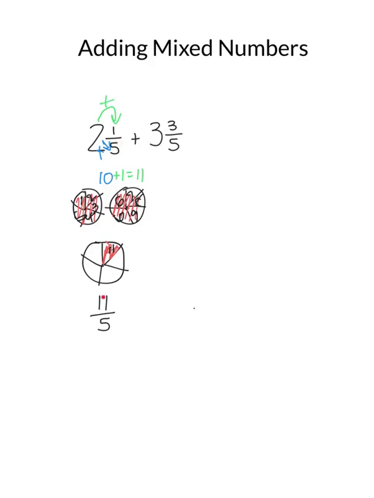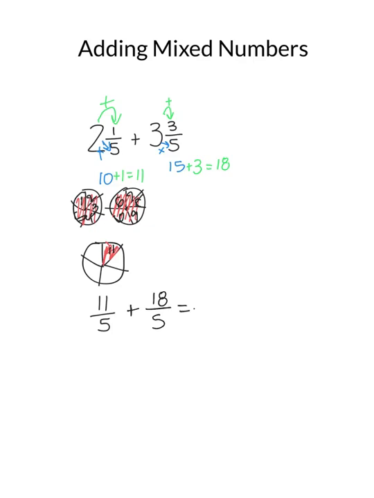So 11/5. Let's try this trick with this other fraction. So I'm going to do 3 times 5 is 15, then add the numerator plus 3 equals 18. So 3 and 3/5 can be changed to 18/5.